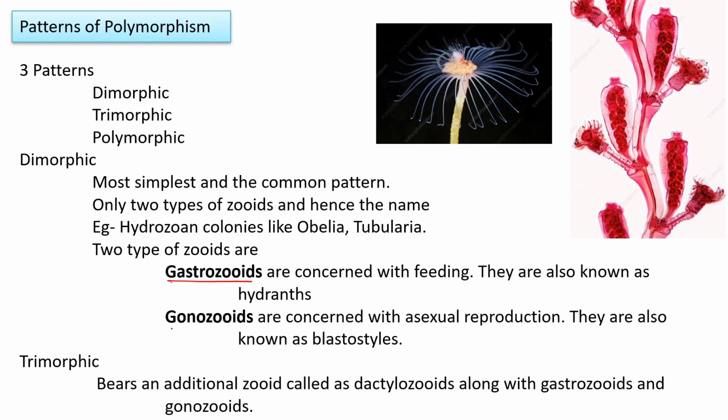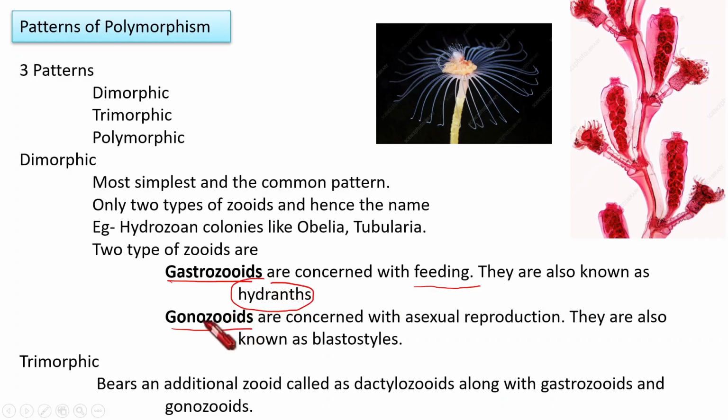Gastro means something relating to the stomach, so we can understand that this zooid is concerned with feeding. They are also known as hydrants. Hydrant is the other name of the gastrozooid.